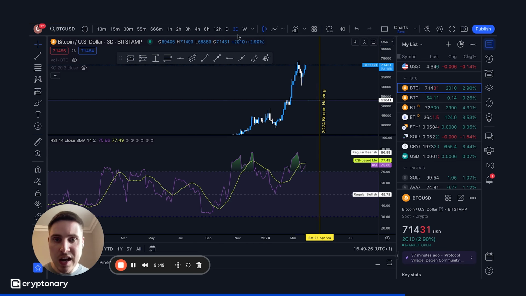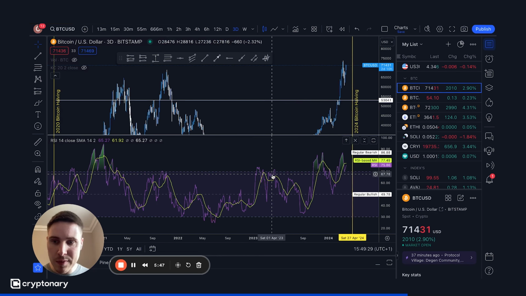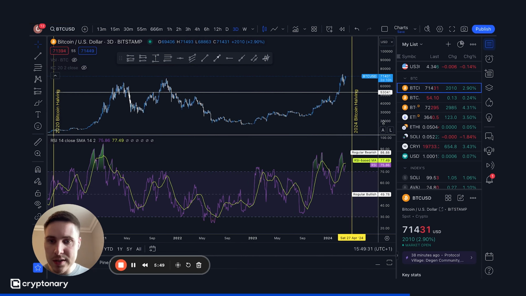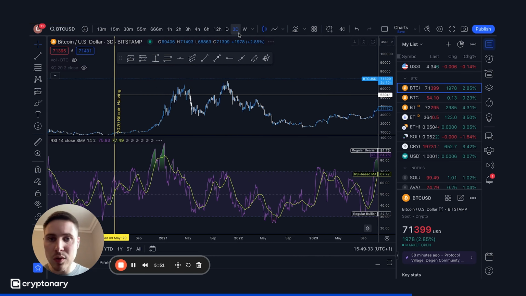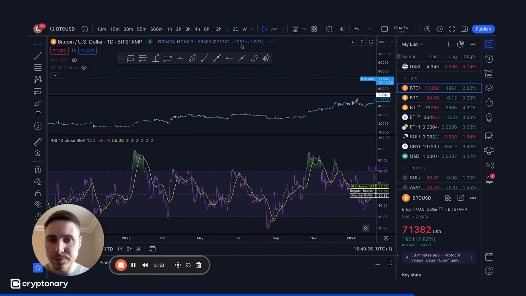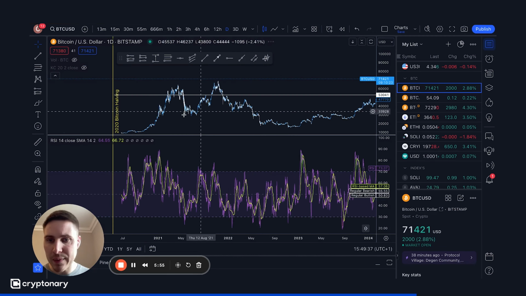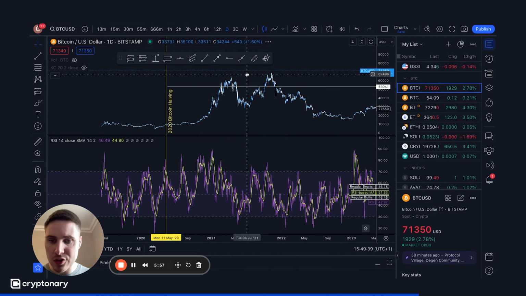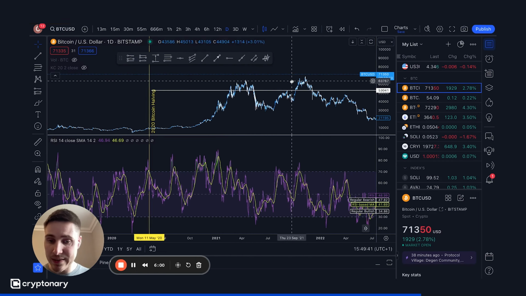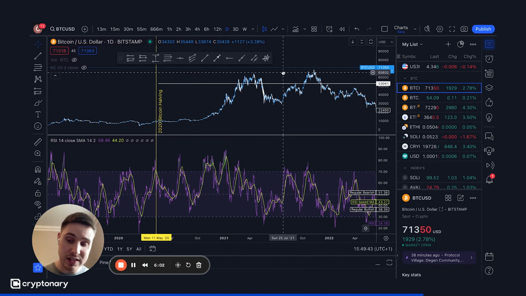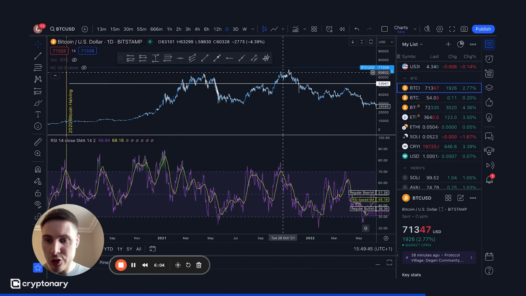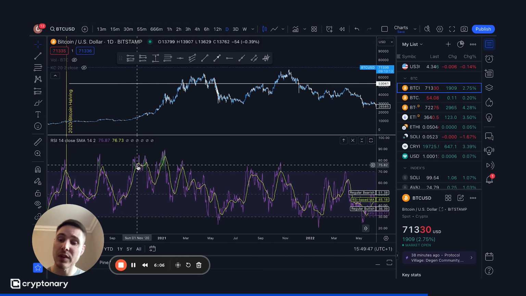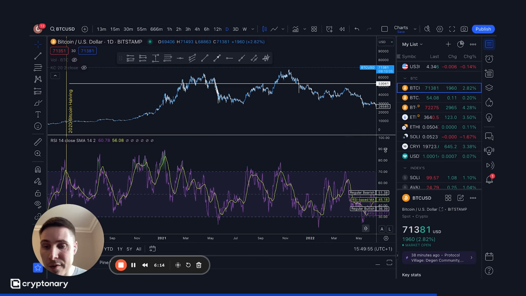Now, I will say this, if we go into the 3-day time frame and we go into the prior bull market on price, we'll even go to the daily. Now, this won't make too much sense here because it's very zoomed in, but what you can see is in late 2020, early 2021, you can be in overbought or overvalued conditions for a very long time, just putting in new highs, but in this level above 70.